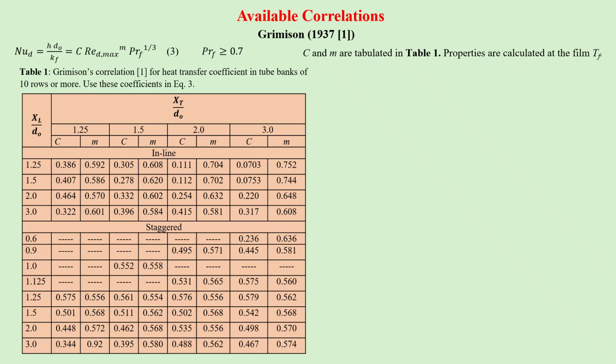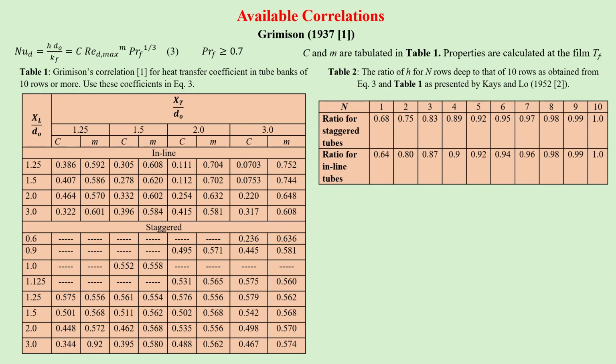From these values, we can get the exponent m and the constant C. For example, if we have XL divided by D naught equal to 2 and XT divided by D naught equal to 2, then we will get values for C as 0.254 and m as 0.632, and similarly for other different values of these ratios.